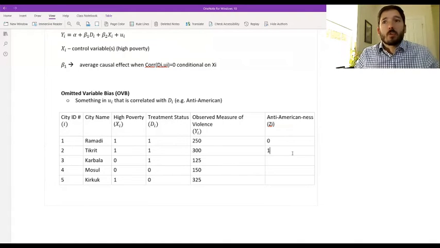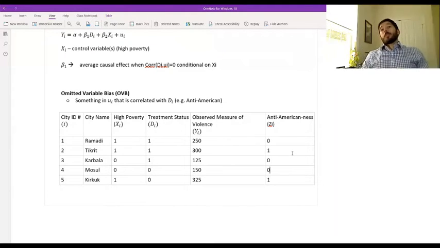Let's say Tikrit is anti-American and Kirkuk is anti-American, by which I mean there's some popular opposition to the American occupation in the city. It might be that people's opinions about the American occupation are related to both the violence in the city, which is our outcome, and whether or not that city gets treated with this infrastructure program.